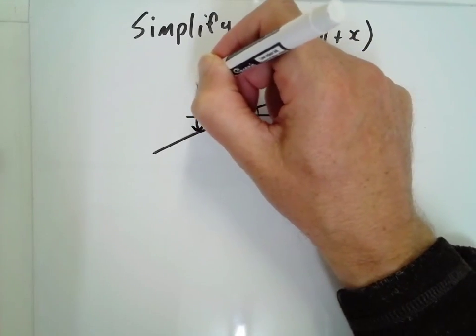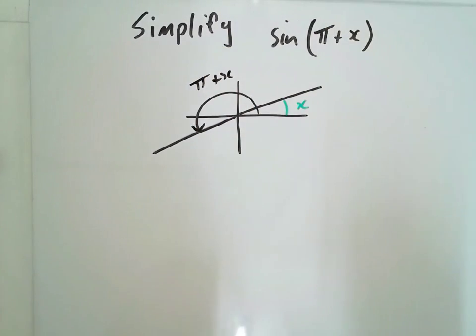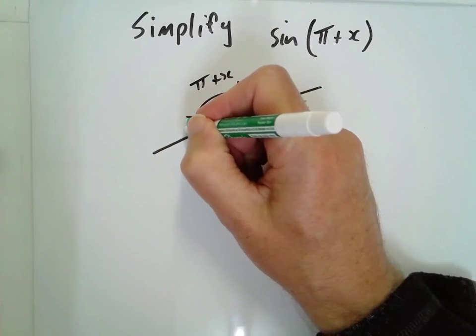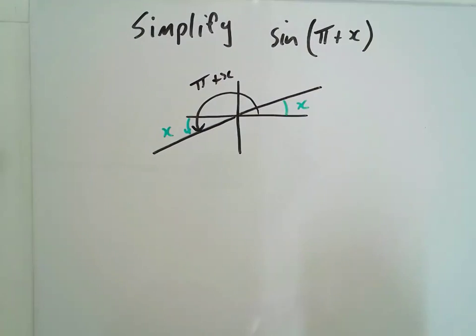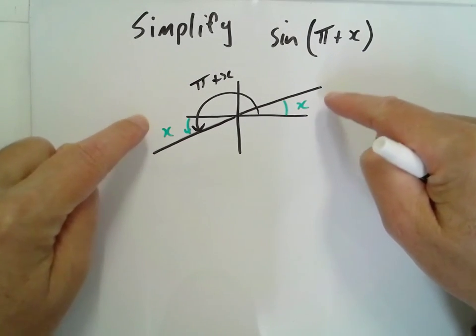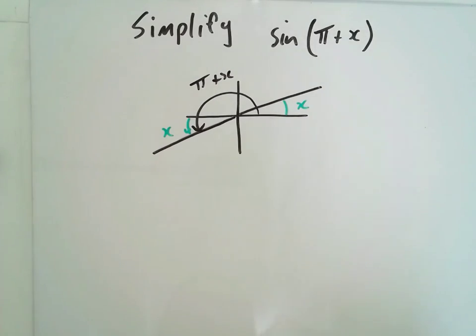So that's pi plus x, where that is x. So you can see our symmetry here, can't you? X is the same angle in both quadrants.